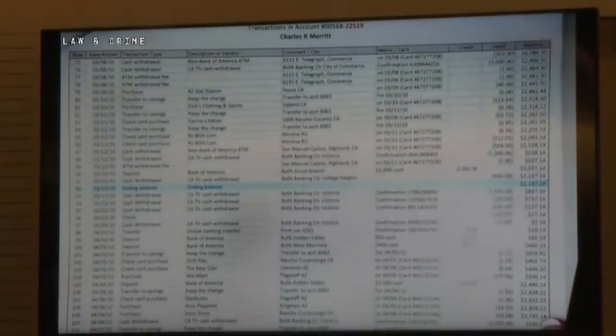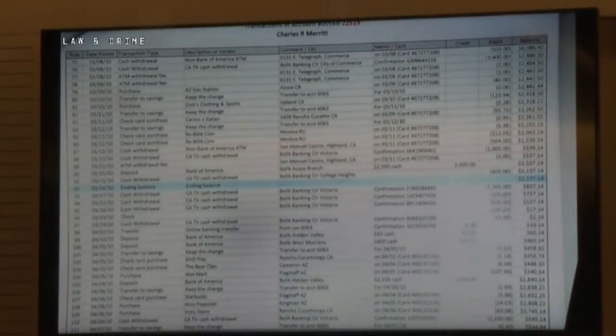Okay, and then moving on to page 3. If you can describe for us what we see on line 92. Okay. The ending date for this statement was March 15th, 2010, and the balance is $2,137.14.